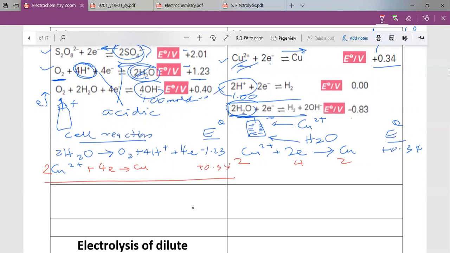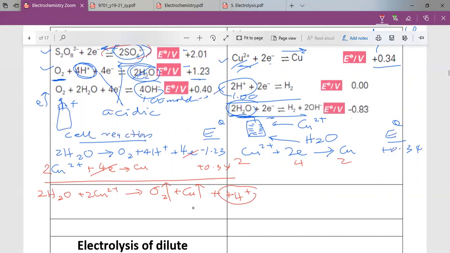Overall reaction: water goes to oxygen gas given out, plus copper deposited, plus the 4 electrons we cancel off, plus your 4H+ here. The H+ combined with the SO4 2- remaining here will give you sulfuric acid.